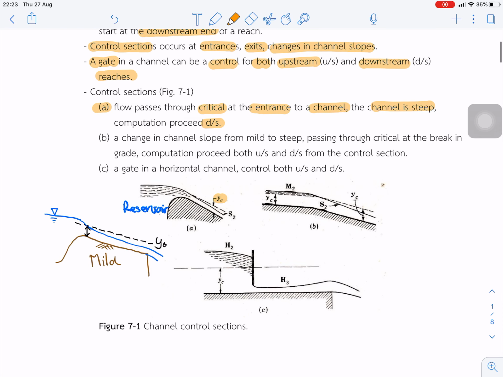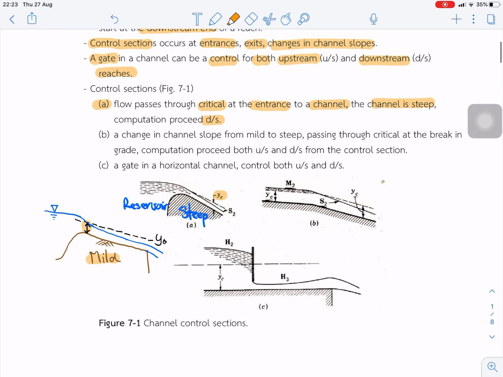But in case of a mild slope, this case is a steep slope. In case of mild slope, the depth at the entrance is equal to normal depth, Y naught.